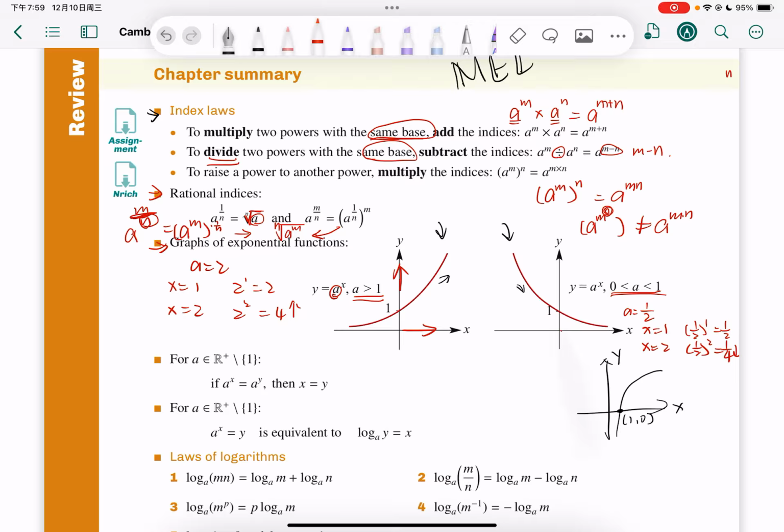As x increases, y decreases. And note that for any a, if x is equal to 0, we observe that y is always equal to 1. That's because a to the power of 0 always equals 1. This does not change.